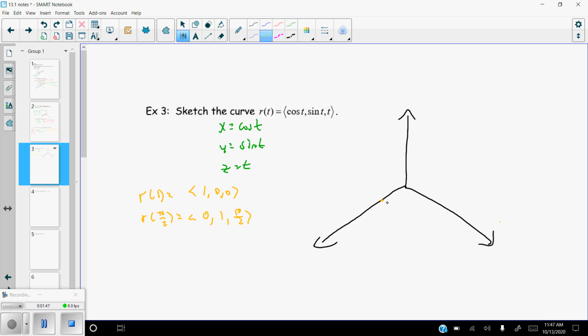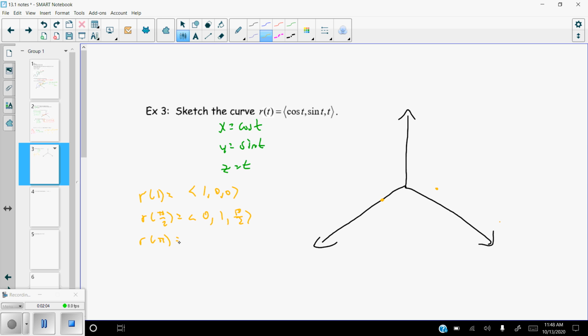So over here now we've got our first point, which was t equals 0. The second point is going to be on the y-axis, but it does have a height of pi halves, so it's going to be up here a little bit. And then let's do a couple more.